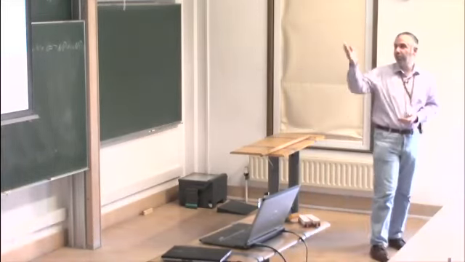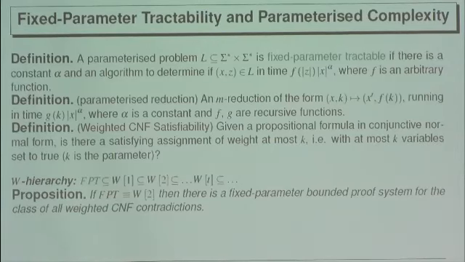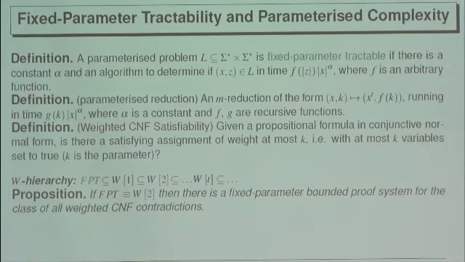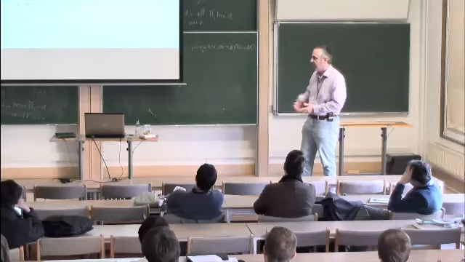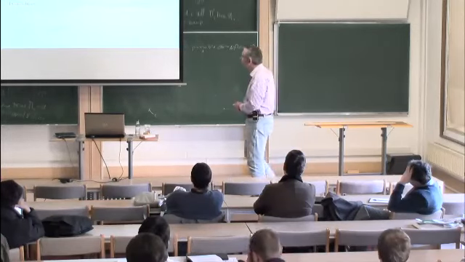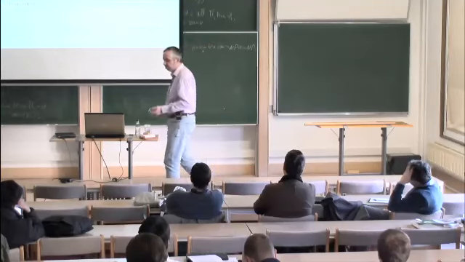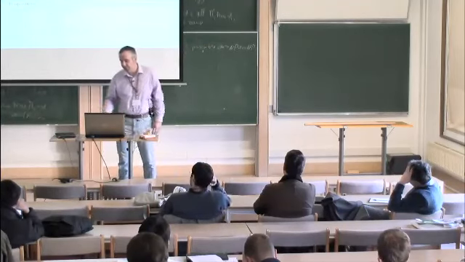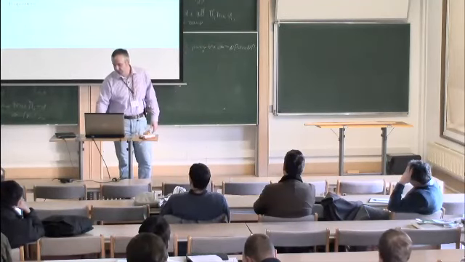If we manage to show that there is no fixed parameter bounded proof system, we would separate FPT and W2. Well, as you may imagine, this is a fine, big motivation and an ambitious goal, but it is not quite doable, perhaps.